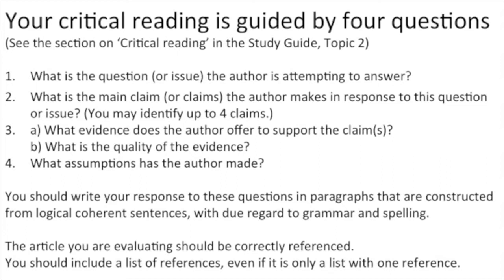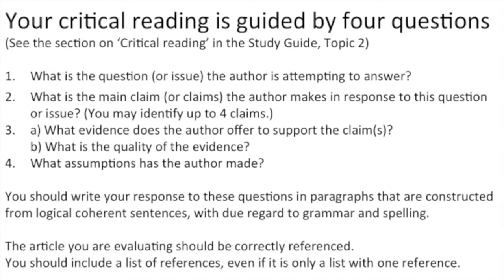You can imagine that in relation to this issue, there could be a number of responses or arguments made. And so the issue itself is in a sense quite a neutral thing. You could argue one way or the other, and the way you argue is by making claims or arguments.